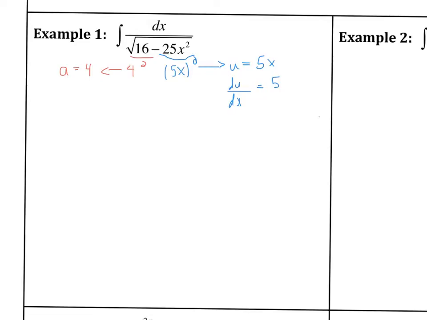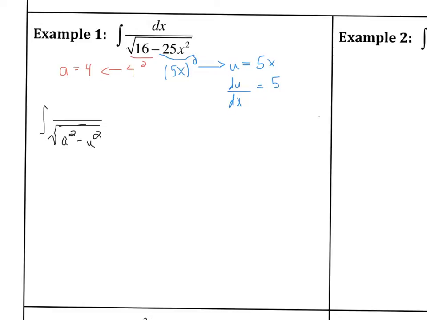All right, so let's start to rewrite. We have our integral, we have dx. I don't know if I want to rewrite that yet, but we'll see. So let's take care of the bottom first. We obviously have the square root of a squared minus u squared.